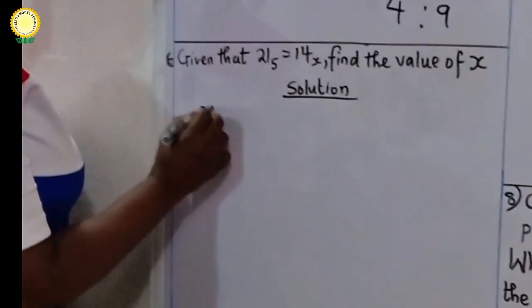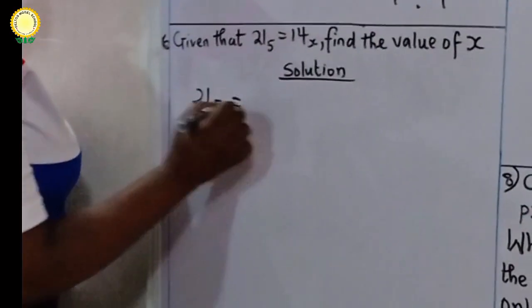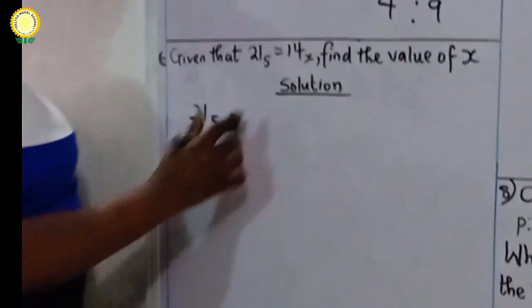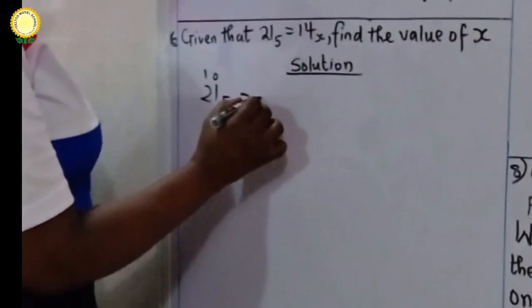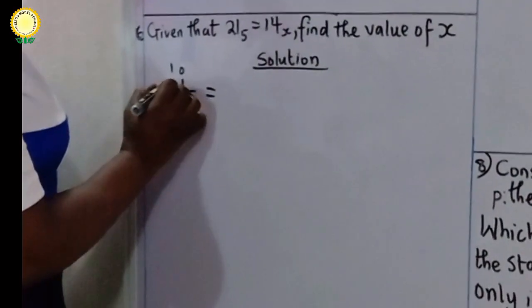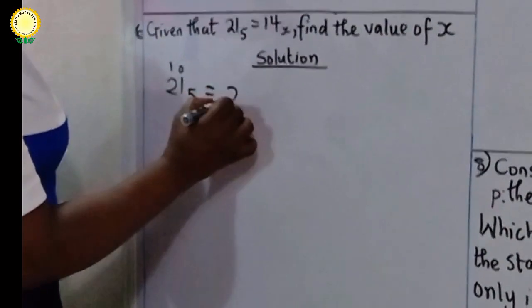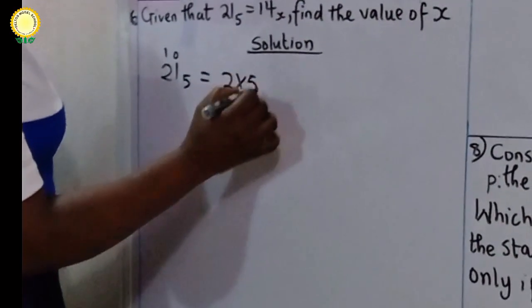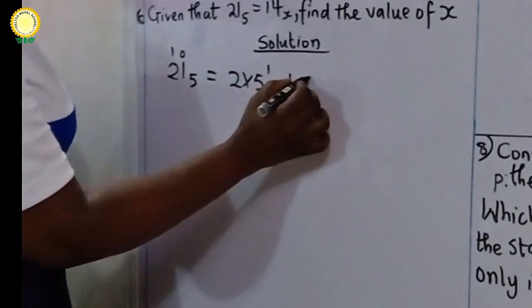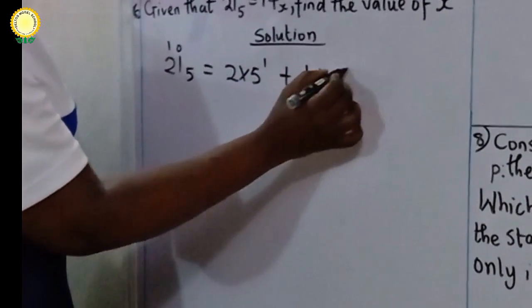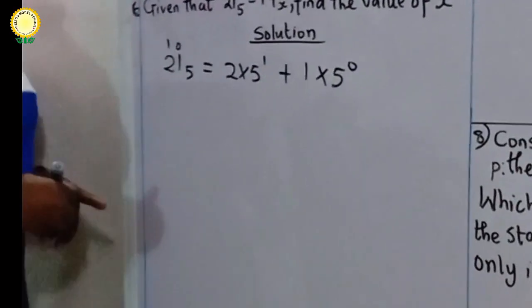So we have 21 to base 5. We want to convert 21 to base 5 to base 10. You put the powers 0, 1, then we start. 2 times 5 raised to power 1 plus 1 times 5 raised to power 0.